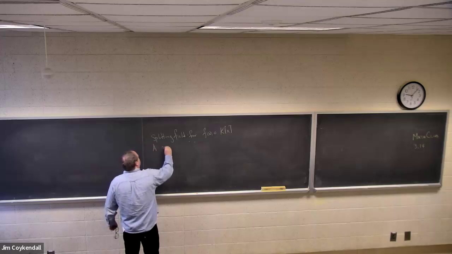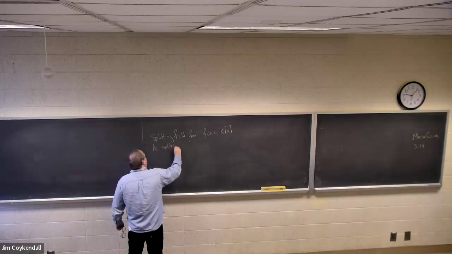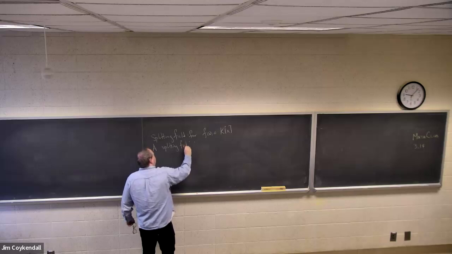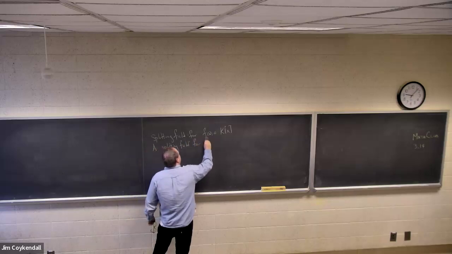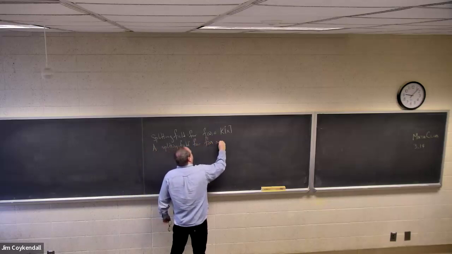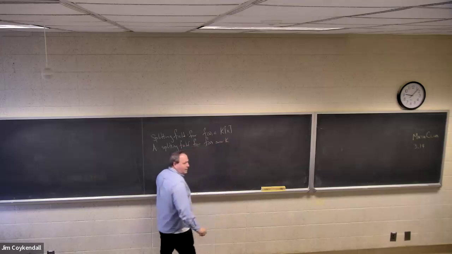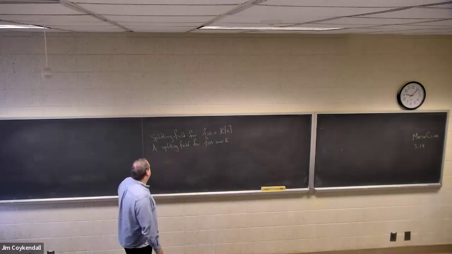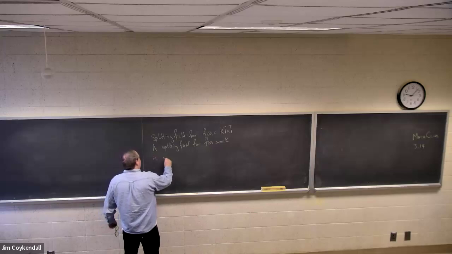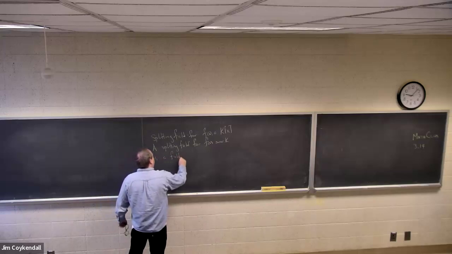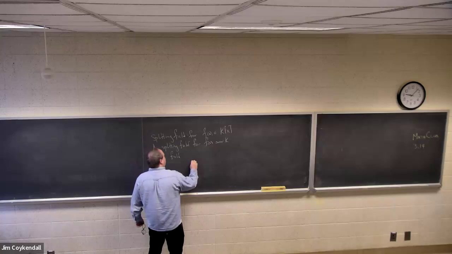A splitting field for a polynomial f of x over k is a field we call E.